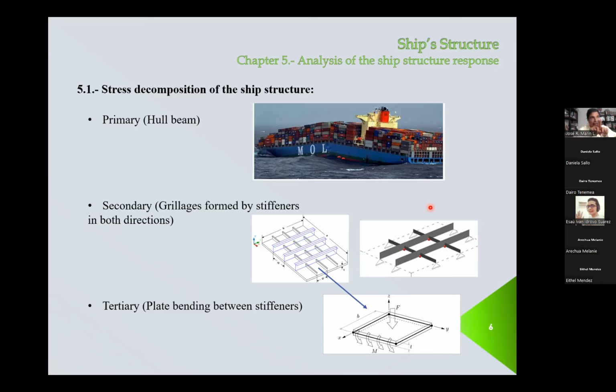So you have to combine the two. So that's why, when you see the permissible stresses in the classification rules, they are never 235, or just in very few cases. But in general, they are below that. Why? Because we have a combination of these three.